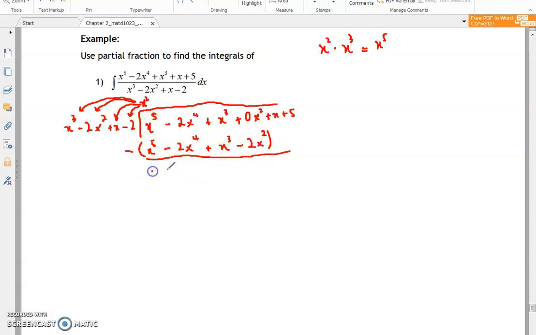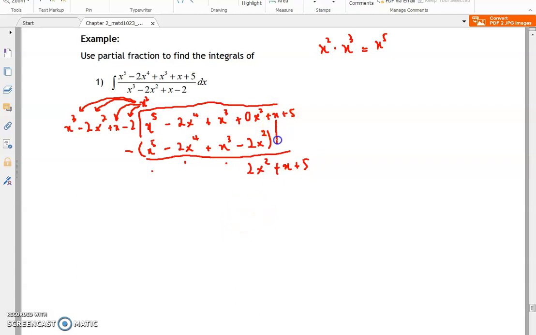Here you get 0, and this one will be plus, minus and minus, so you still get 0 there. x cubed minus x cubed is also 0. So here you get plus 2x squared plus x plus 5.